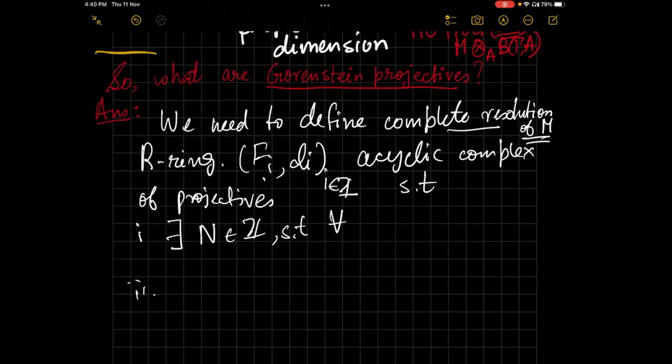So with respect to this projective resolution, I'm defining my complete resolution. And actually we'll see later on, this 'with respect to' business isn't really that important.